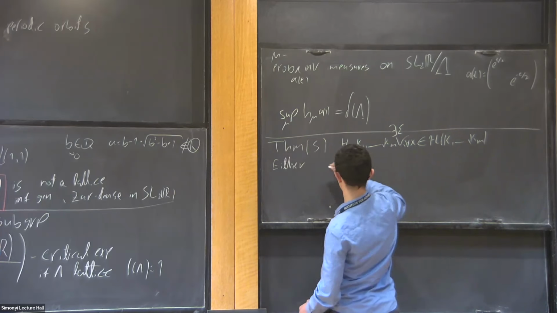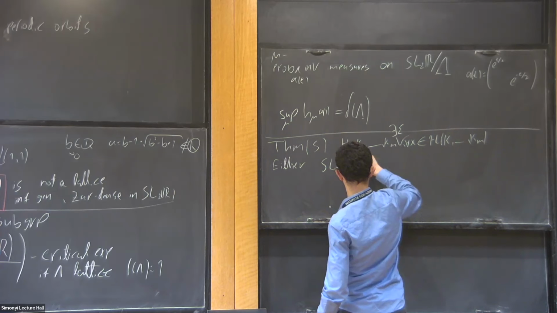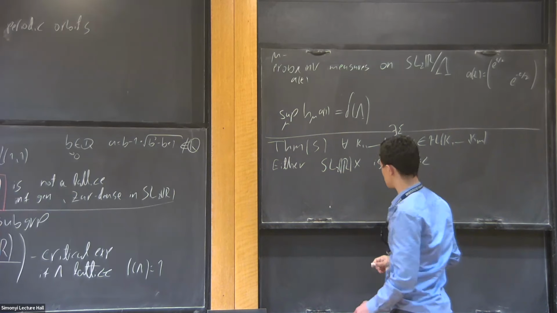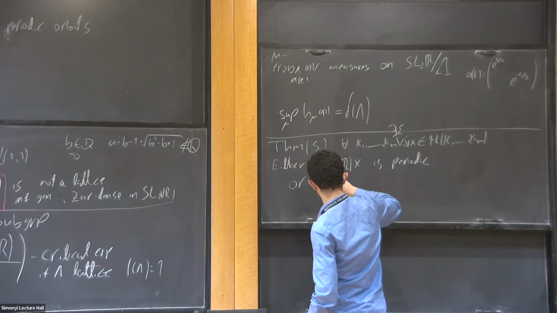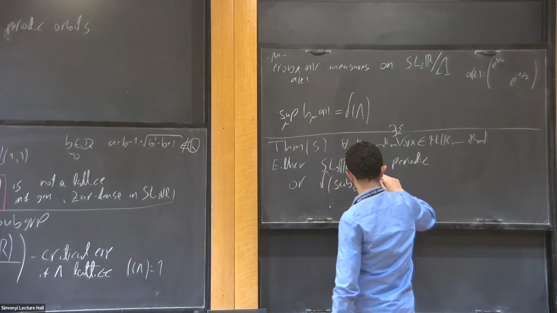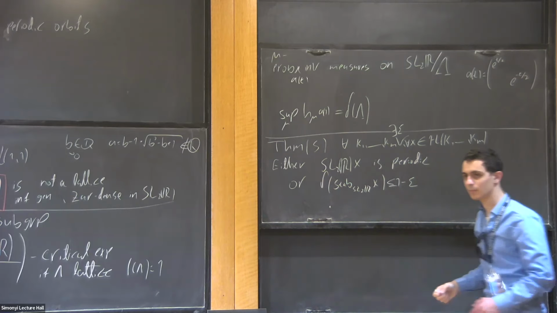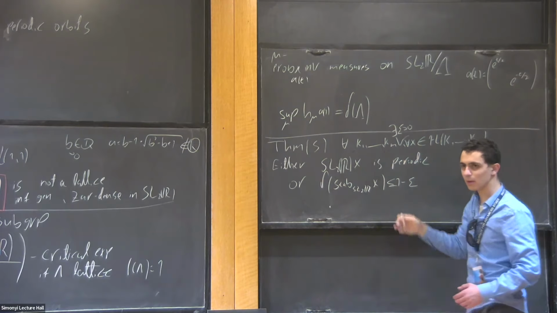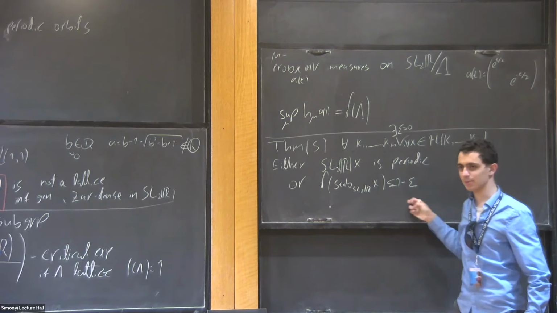Either SL2R of x is periodic, or the critical exponent of the stabilizer in SL2R of x is less than 1 minus epsilon. There exists epsilon, which depends only on k1 up to km. If you take the maximum, it depends only on the genus. That gives me an upper bound on this critical exponent.